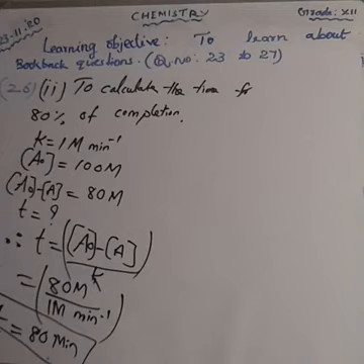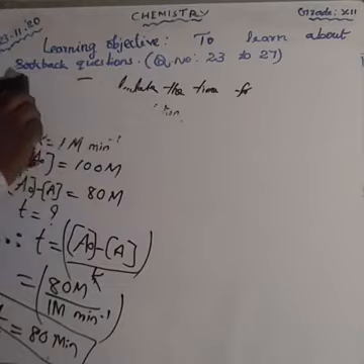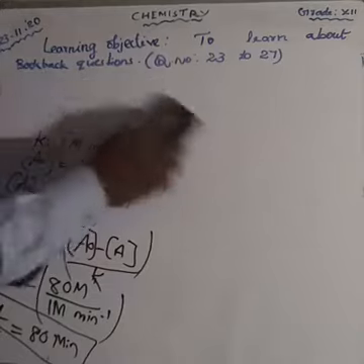So the data are okay. The formula is log A is equal to log K plus EA by 2.303 RT. We can apply this formula. It's a very important question.